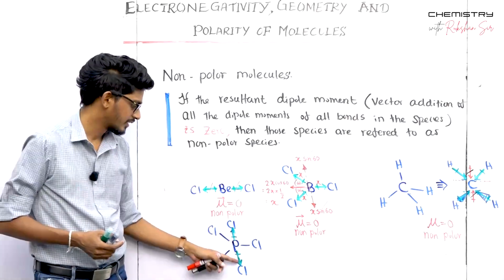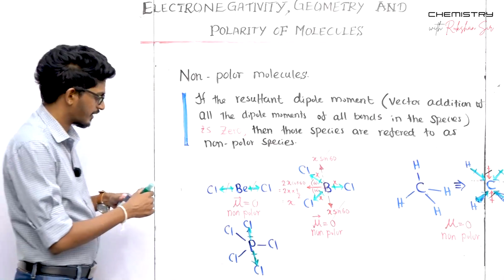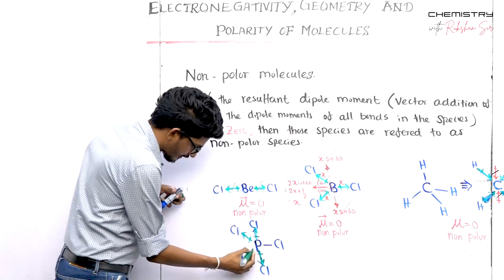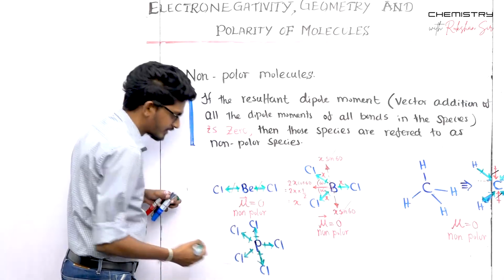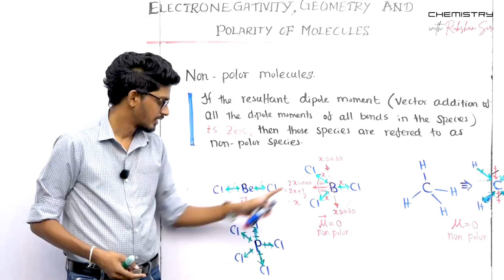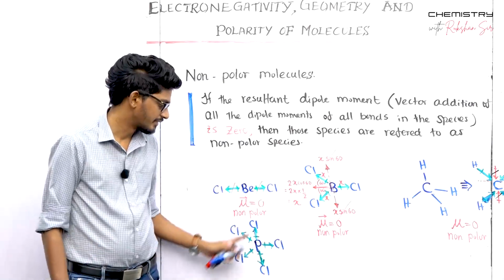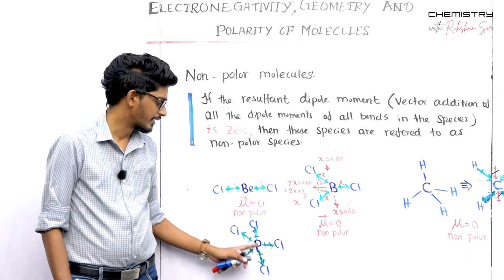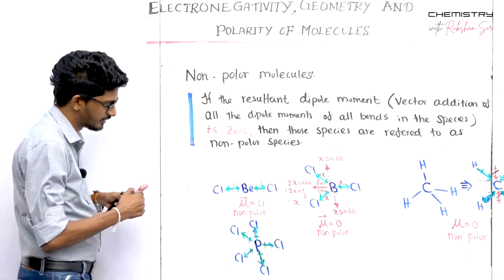The up and down, the two dipole moments will cancel off first, and then the dipole moments of this plane, the same plane, the blades of the fan, those will also cancel off like this. In this manner, these three dipole moments will cancel off, as these are with opposite directions and same magnitude. Those will also cancel off. So the net dipole moment will be 0 there.